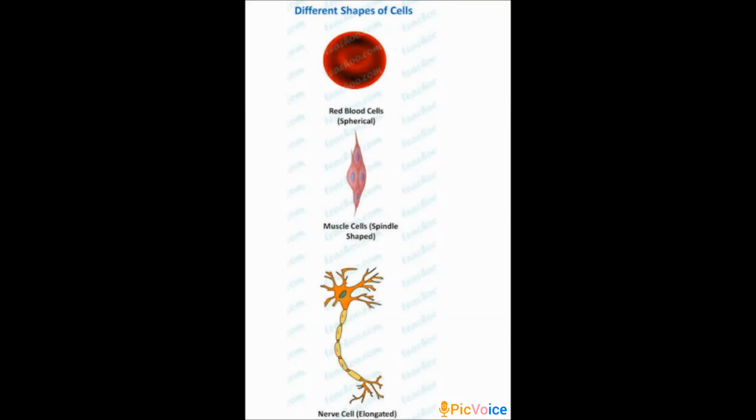You may say that the shape appears irregular. Amoeba has an irregular shape. It has no definite shape. It keeps on changing its shape.